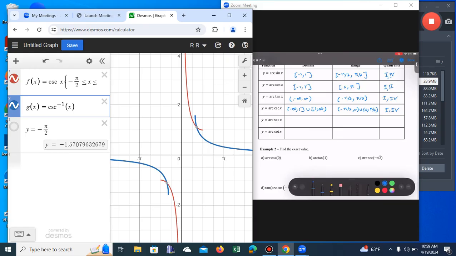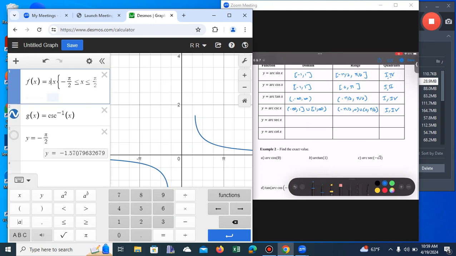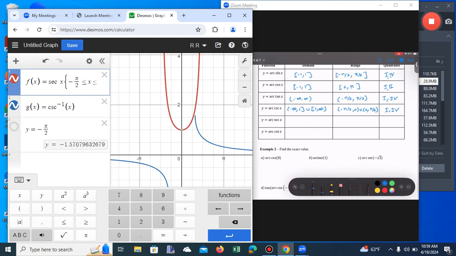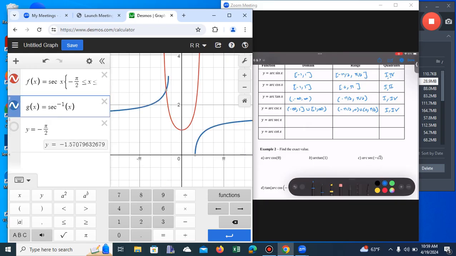Secant, we see it looks like that. Now, even though that seems to be all of the secant, we want to restrict this to 0 to pi, just like cosine.